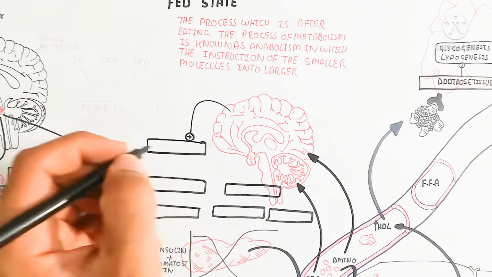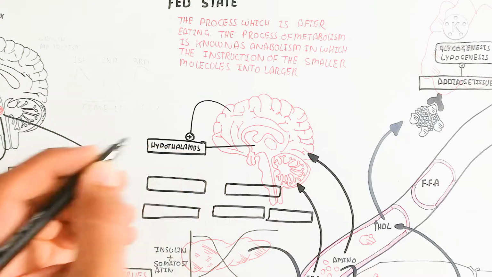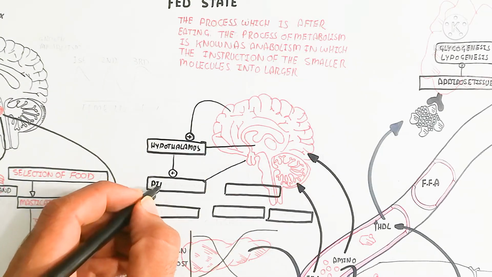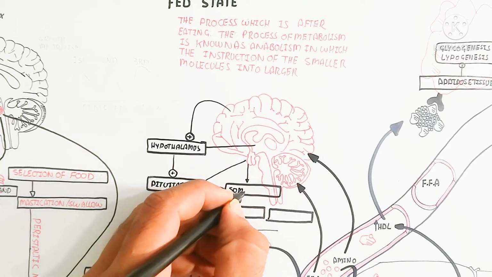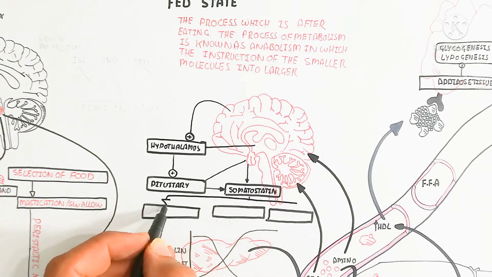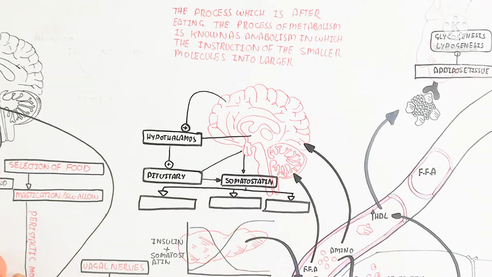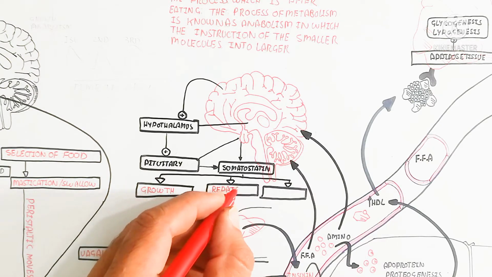While on the other hand, the important thing is the brain. So the hypothalamus will trigger through the cerebral cortex. This cerebral cortex is basically stimulated by the excess of amino acids, and hyperglycemia will lead to hypothalamus stimulation, to pituitary gland stimulation by the hypothalamus, and somatostatin will be released.